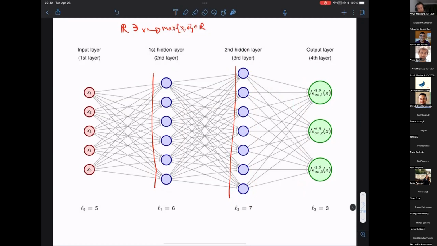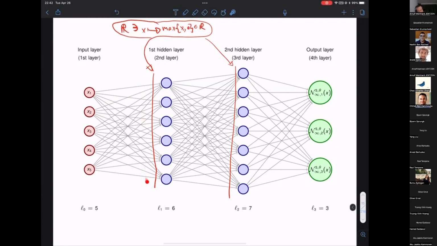The most popular choice for the nonlinear function used here and here is the multidimensional version of this one-dimensional rectifier function. The rectifier function takes an x from the real numbers and maps it to the maximum of x and 0, again a real number.